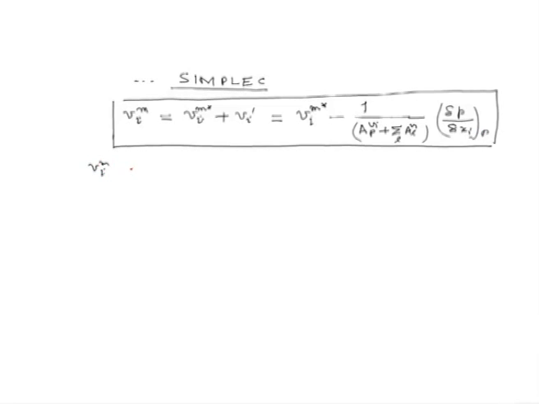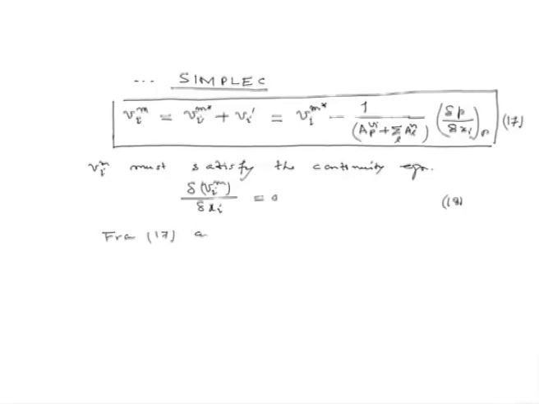So, Vi m must satisfy the continuity equation. This is given as delta Vi m over delta xi is equal to 0. So, if you use this, from 17 and 18, what do we get?